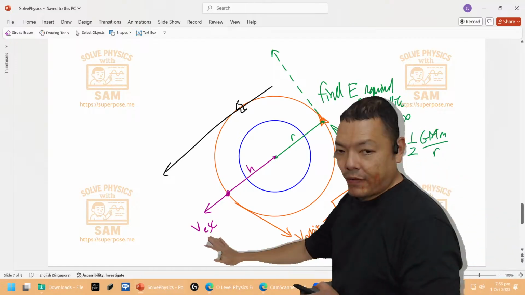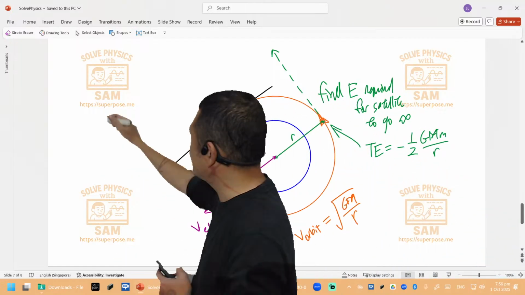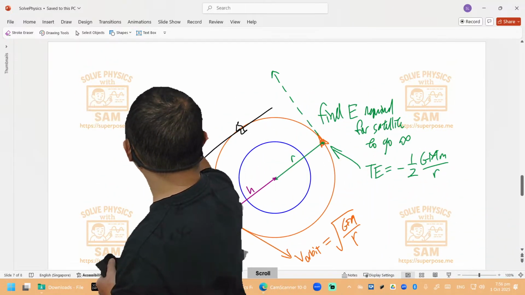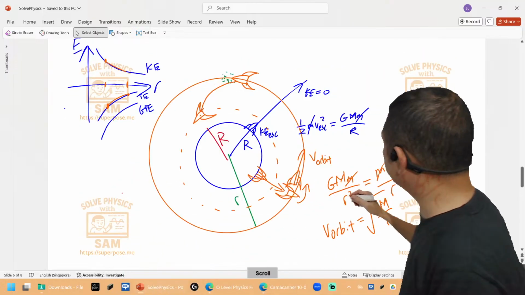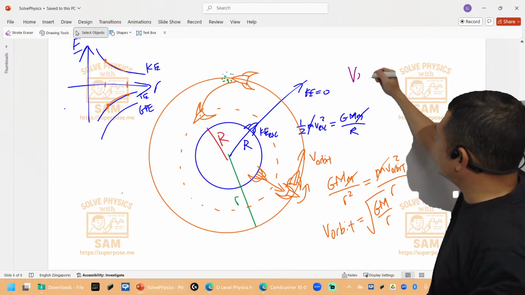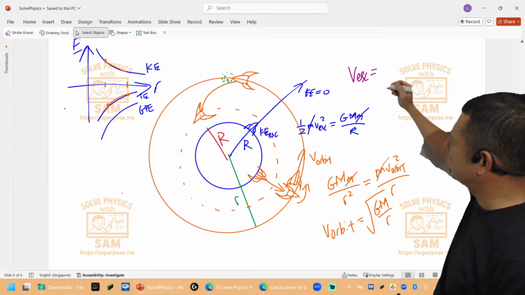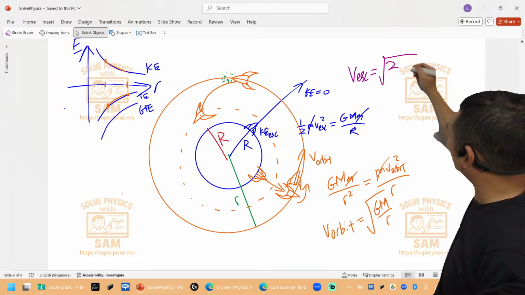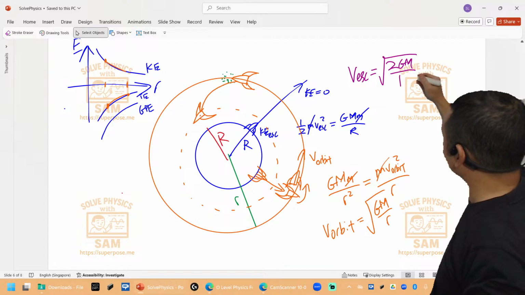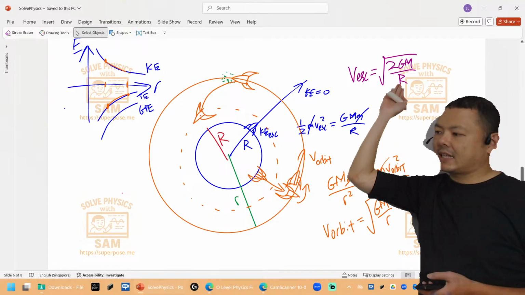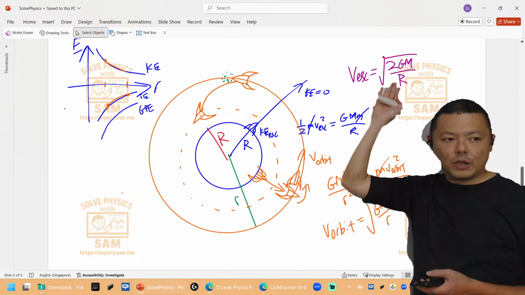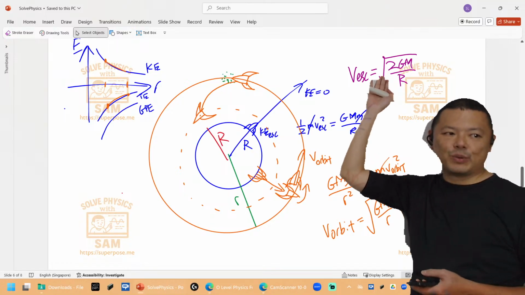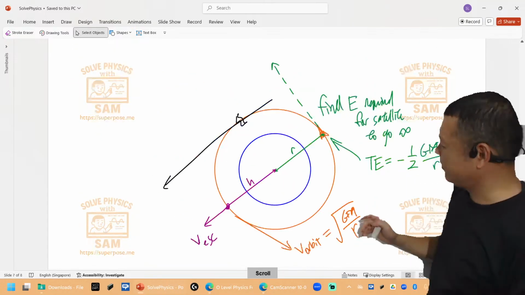Before you answer this question, let's understand again from the previous page. Sorry, I forgot to do this. Escape speed, what's the equation? Square root of 2GM over r, and this is if you're escaping from the surface. Notice how the difference is just basically square root 2, compared to orbit.